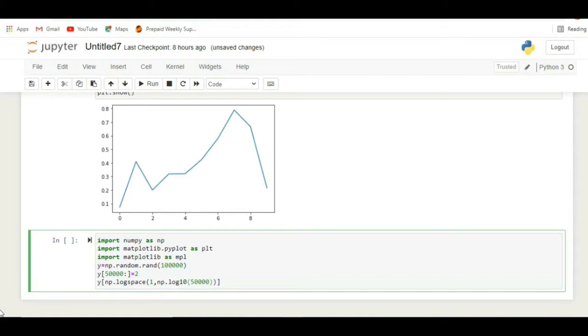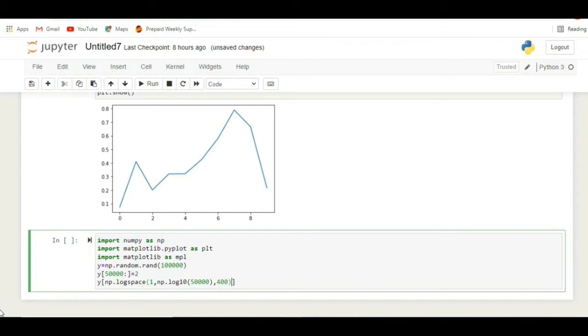This code is a little tricky. So y and np.logspace(1, np.log10(50000), 400). Yes, I think now this line has been completed.